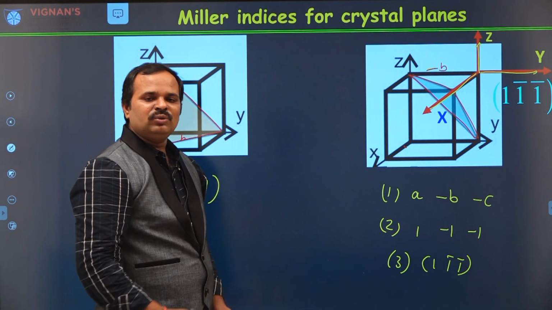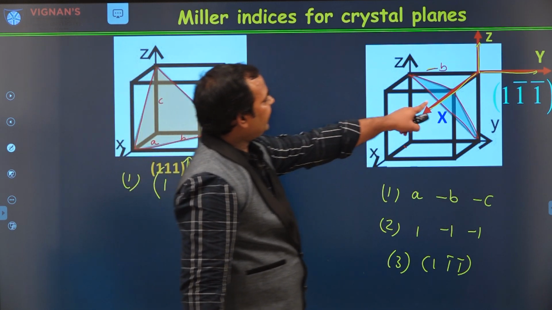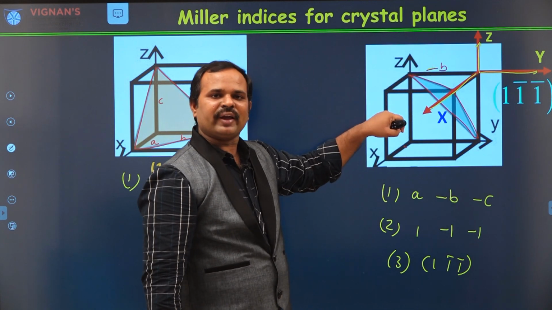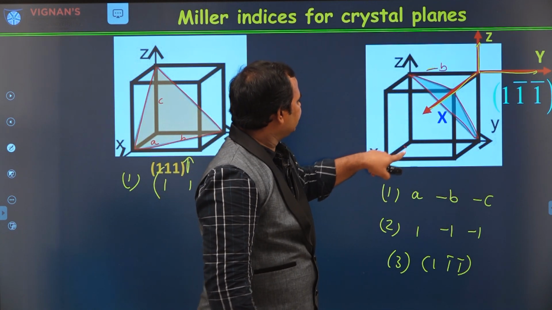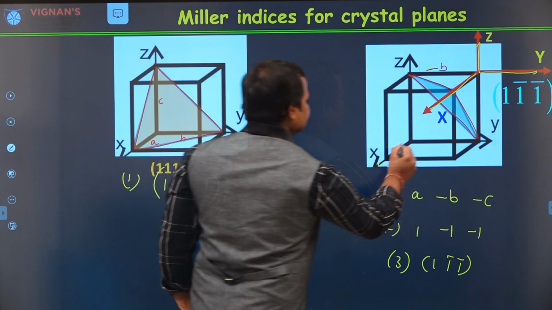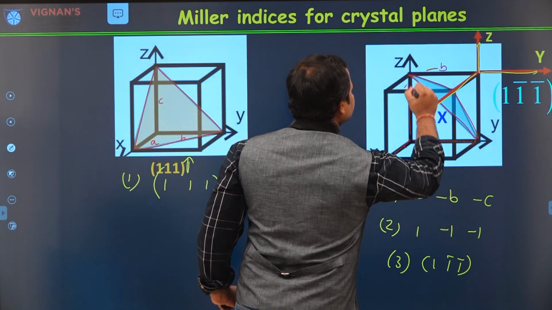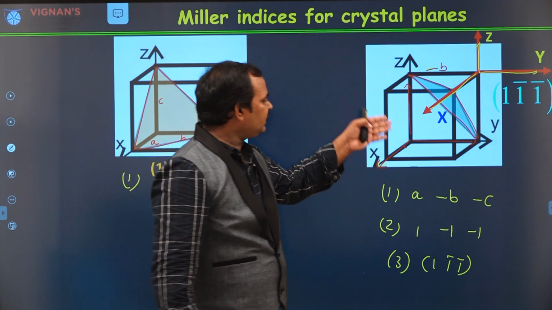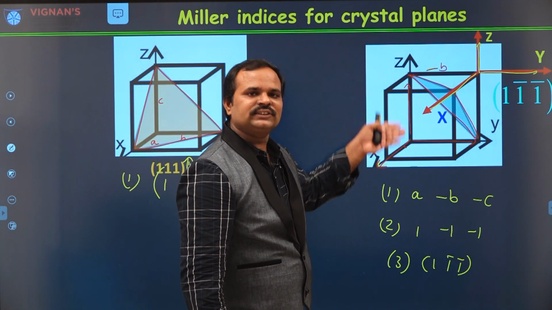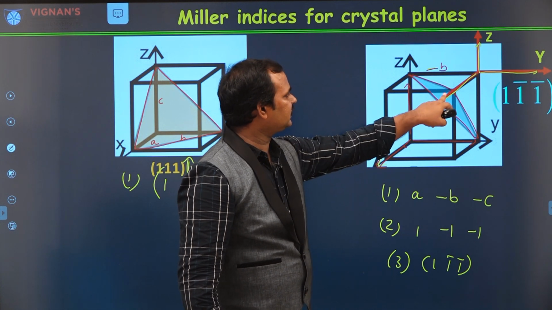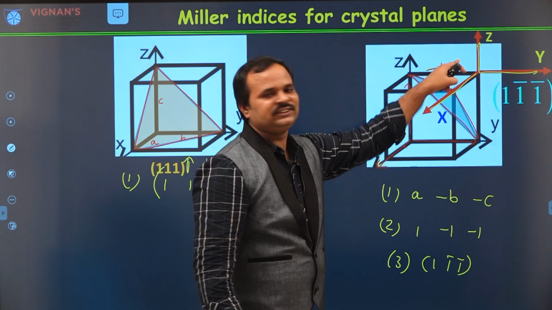Sometimes you may have a doubt: can I take the crystallographic axis in a reverse way? Originally this is the x-axis, this is the y-axis, this is the z-axis. But when I shifted the crystallographic axis to some other point, I took them as they were.